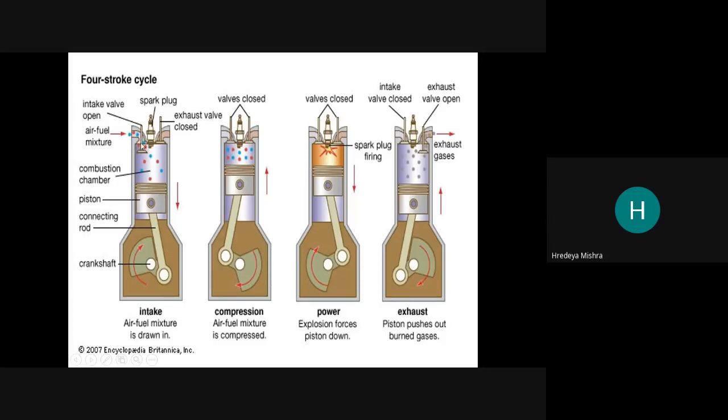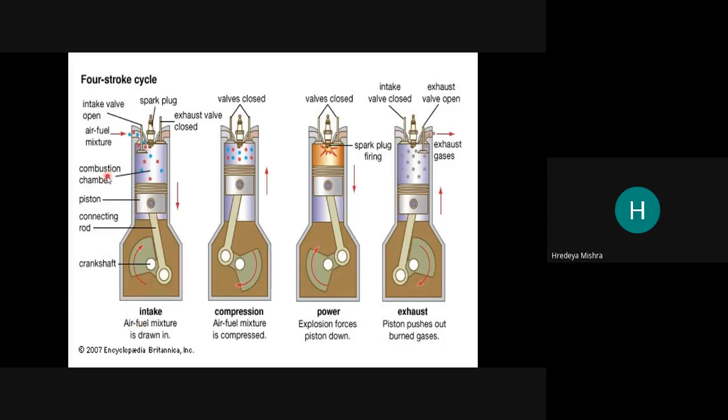This is the intake valve. From here, the air fuel mixture is inserted into the cylinder. This valve is open. Now the air fuel mixture is inserted into the cylinder. This is the intake, or suction position.